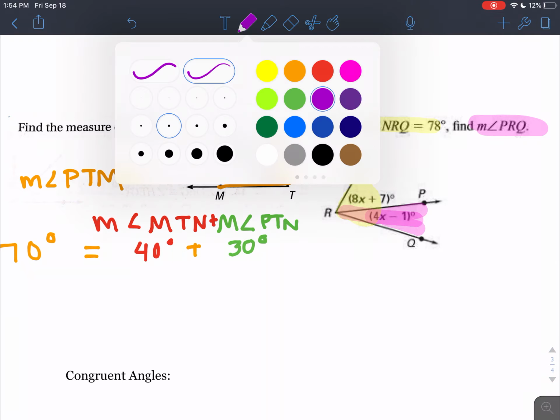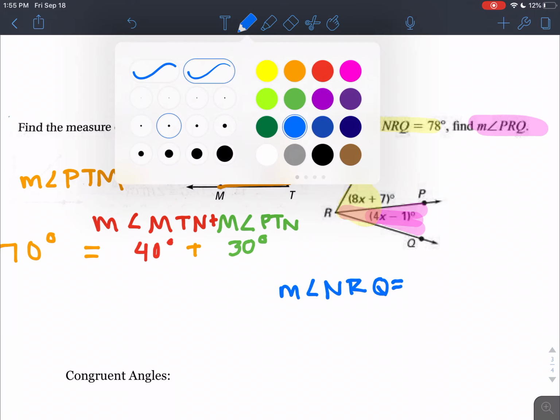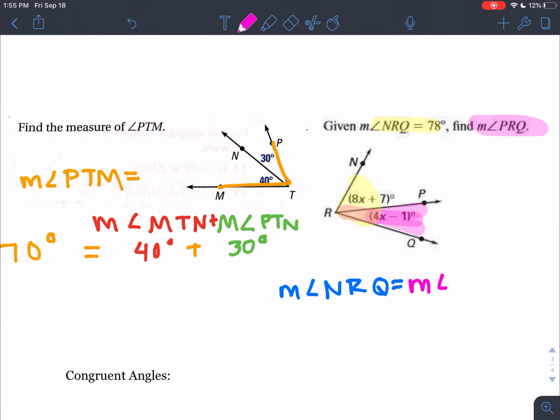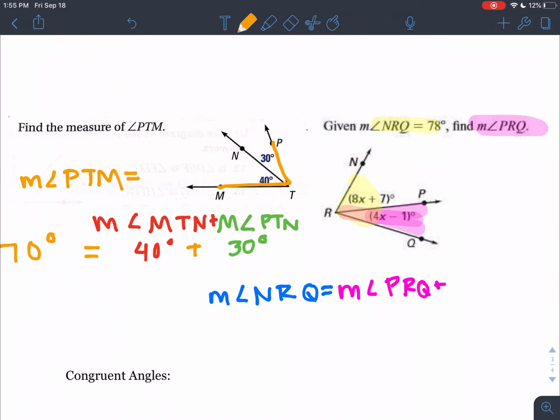So let's use the angle addition postulate and then substitute the information we have. The angle addition postulate is going to tell us that the largest angle, the one that's made up of the two small ones, so that's the measure of angle NRQ, equals the measure of angle PRQ plus the measure of angle NRP.